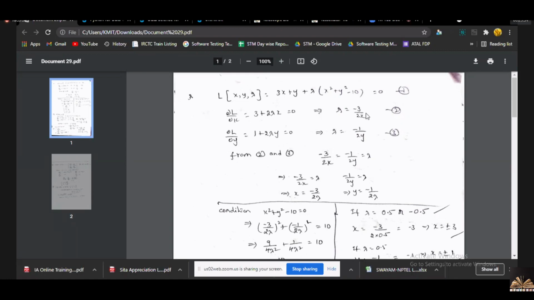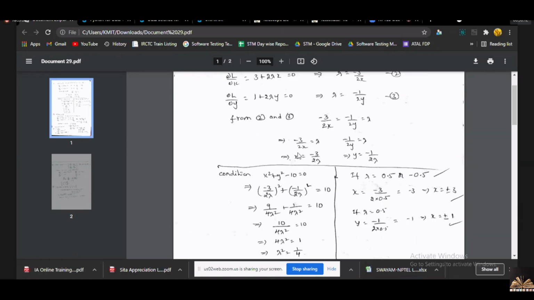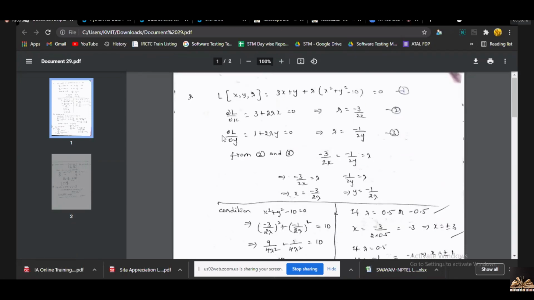So from these two equations, lambda is equal to minus 3 by 2x equal to minus 1 by 2y. So x equal to minus 3 by 2 lambda, y equal to minus 1 by 2 lambda. This is nothing difficult. Only the thing is that the Lagrangian function is written in the required format.